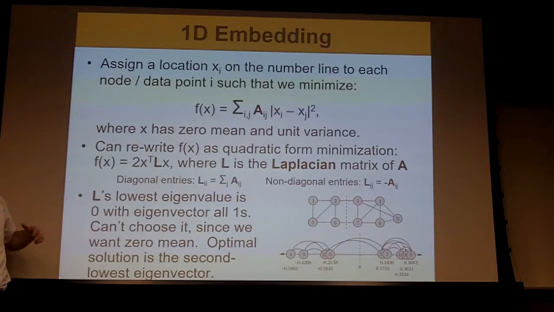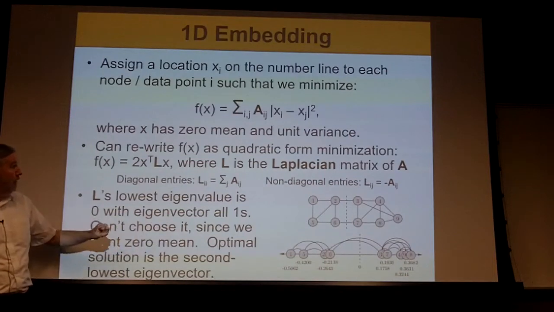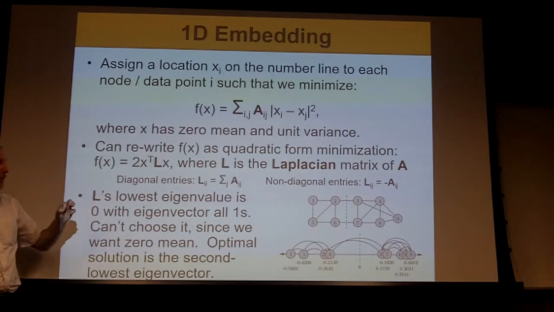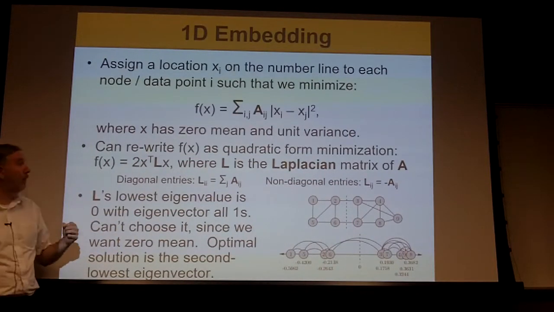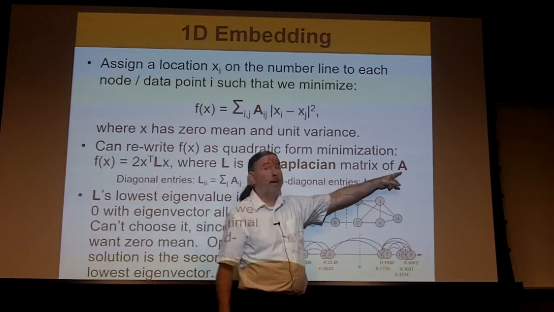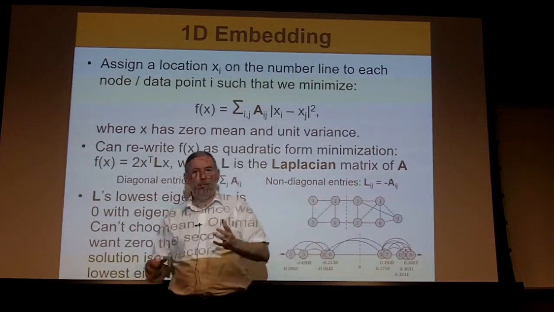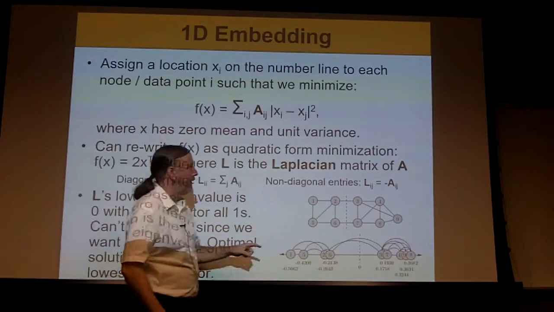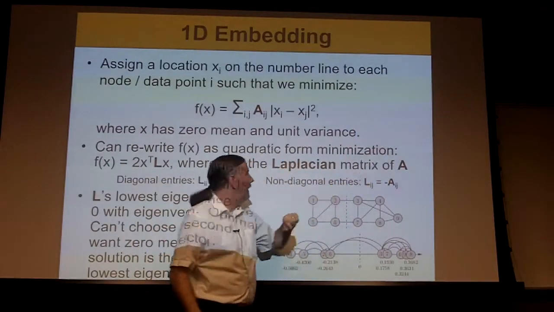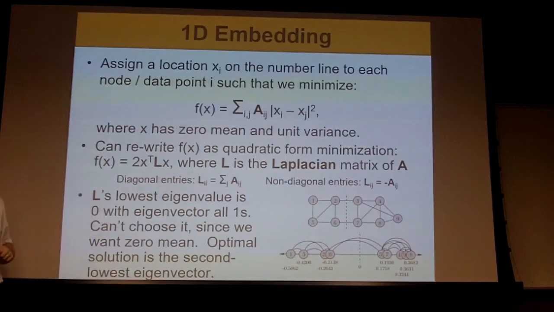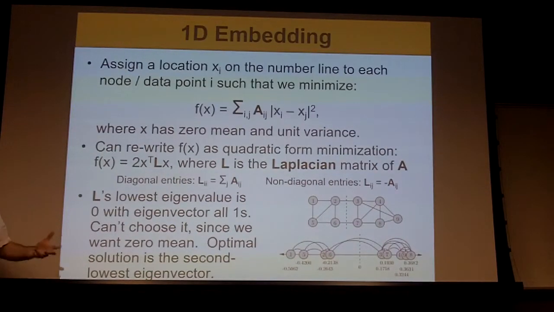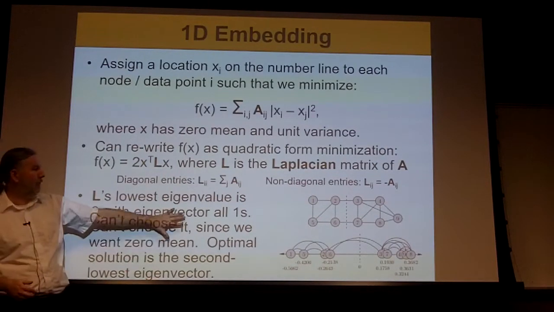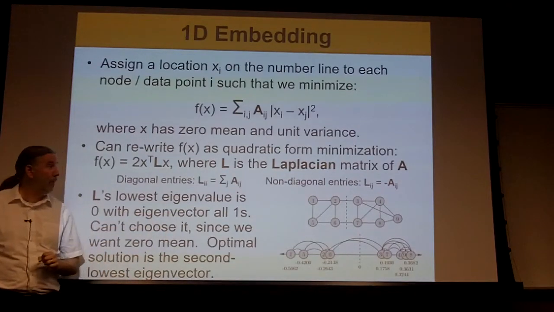In fact, mathematically, the low eigenvectors of the Laplacian are sometimes the same or play a very similar role to the high eigenvectors of A. In spirit, they behave the same way. So where we were previously talking about the top eigenvectors of A, it's the bottom eigenvectors of L that we care about. And for the same reason as before, we sometimes exclude the very lowest eigenvector of L.